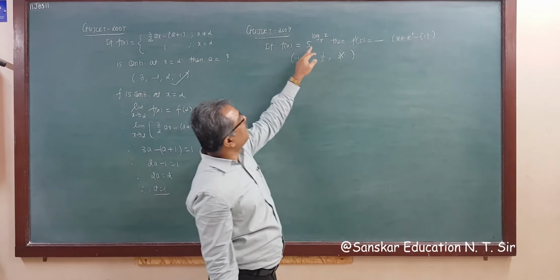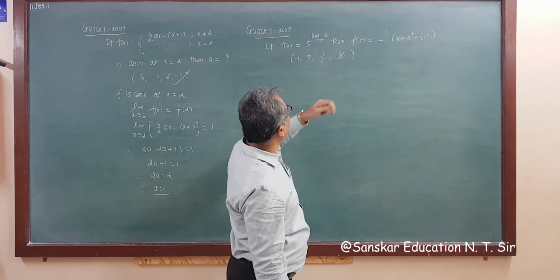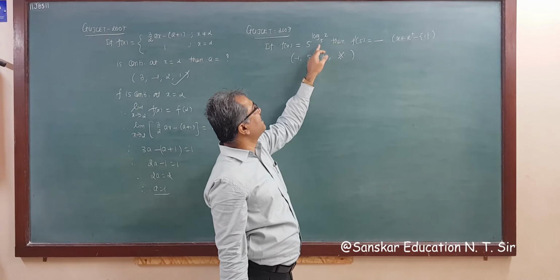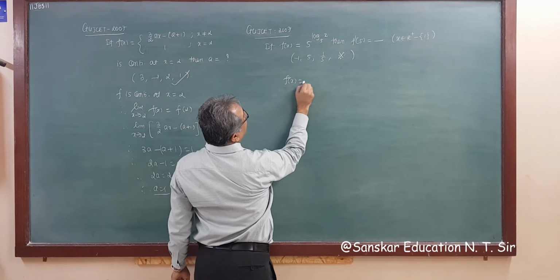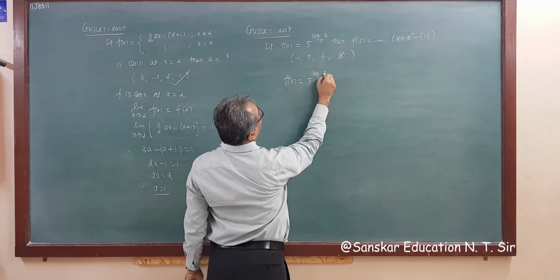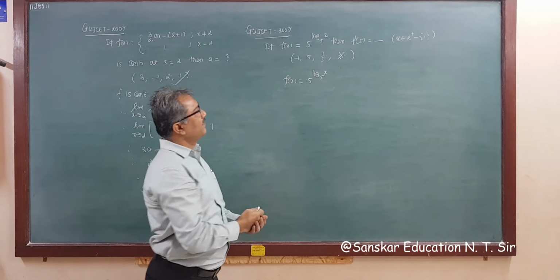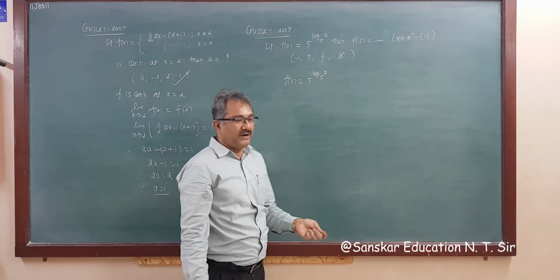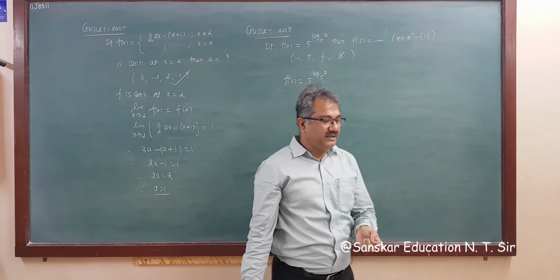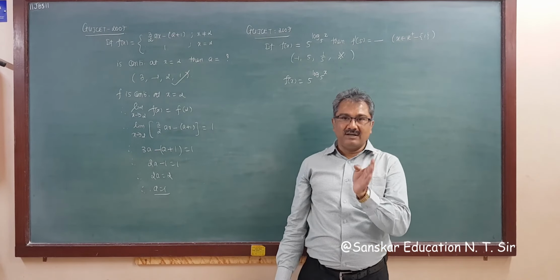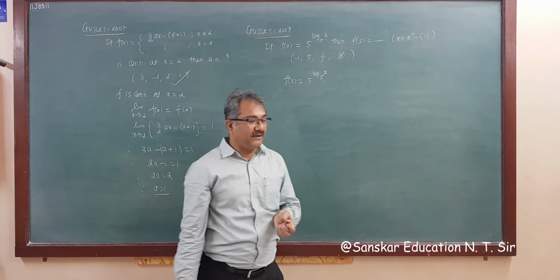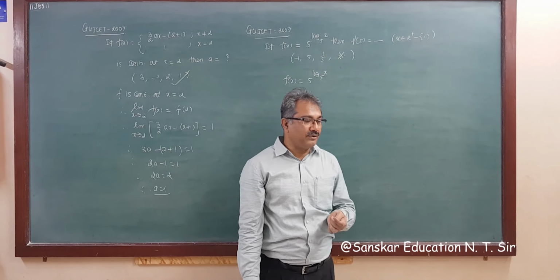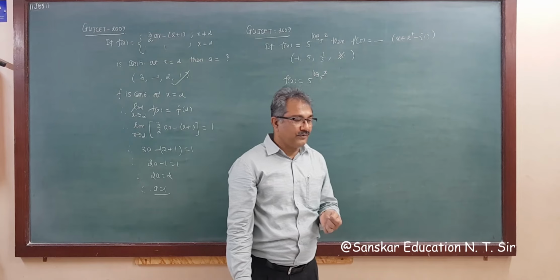So f(x) is equal to 5 raised to log x base 5, right, so this is your f(x). Now you have to find out f dash 5, right.